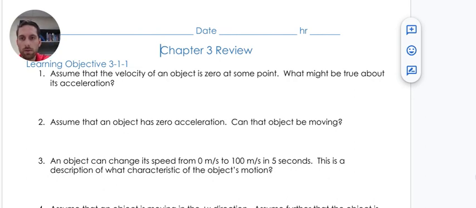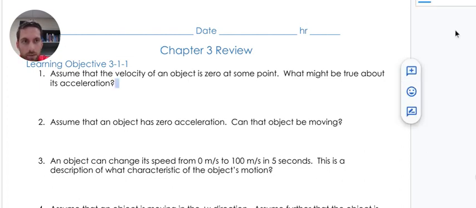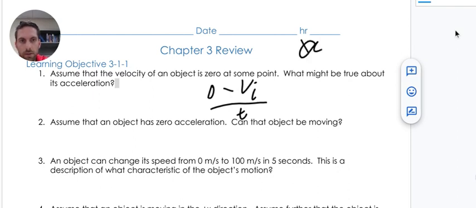For this video, we're going to start with our first problem, which says the velocity of the object is 0 at some point. We don't know what's true about the acceleration. So for this problem, acceleration can be 0 here. It could be like that. So our equation for acceleration is a equals delta v over delta t, change in velocity over change in time.